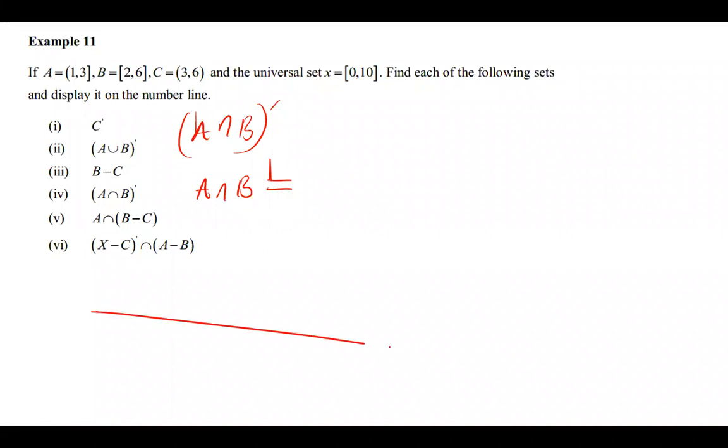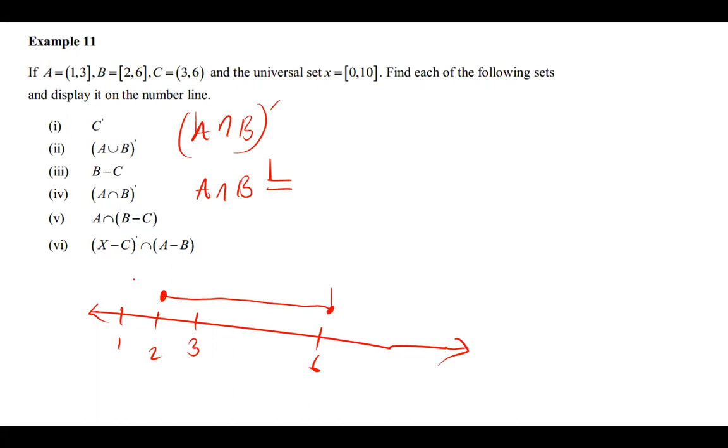So on the number line here, I'll just put important numbers. Let me put my set A there. My set A is from 1 to 3. And then my set B is from 2 to 6. My B is shaded on both ends.